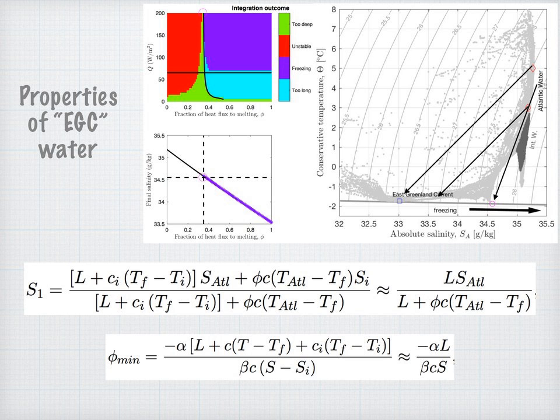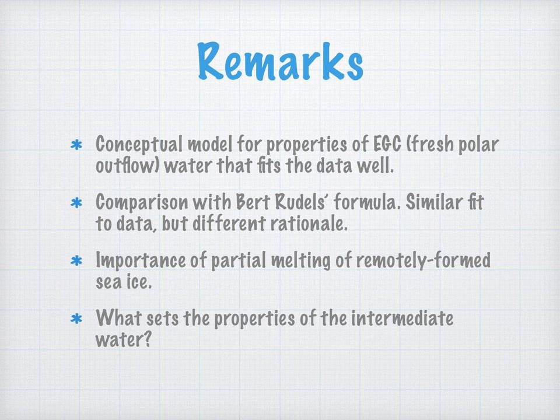So the intermediate water is formed presumably by mixing of Atlantic water with mode water, which is not present on this TS diagram, which is the continental shelf water, which is at the freezing point, but is in the place where there is net ice formation and therefore is salinifying, which is in the direction of this heavy black arrow. So it's sliding along the freezing point off to the right, and then that mixes with Atlantic water through some process to form intermediate water. What sets the properties of that, or the balance between those two mixtures, is unclear and would be necessary to have a complete theory. Okay, I welcome your questions.